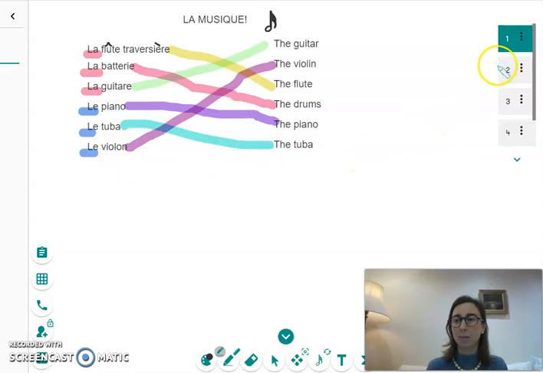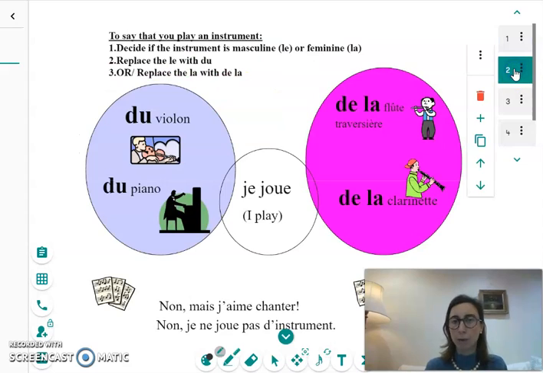Okay. So we're going to go on now to have a look at how to say I play and a particular instrument. Now here is the rule, which is written out here, and we're going to have a little look at it. First of all, the first thing you need to say is I play. Je joue. Je means I, joue means play. Now, to say that you play an instrument, decide if the instrument is masculine, le, or feminine, la.